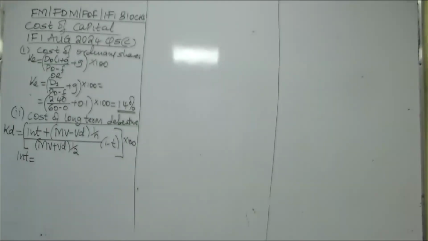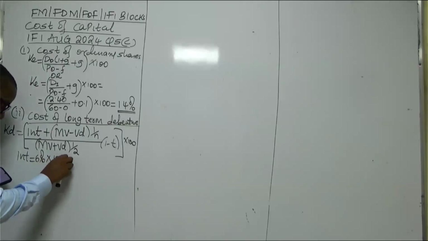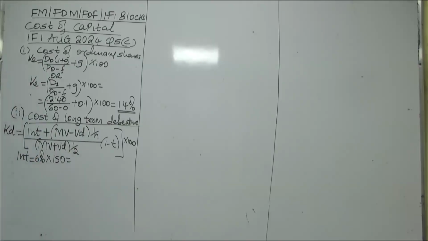Our interest is per par value of the debenture, which in this case the interest rate was 6, per par value of the debenture, which you get in the capital structure, which was 150.